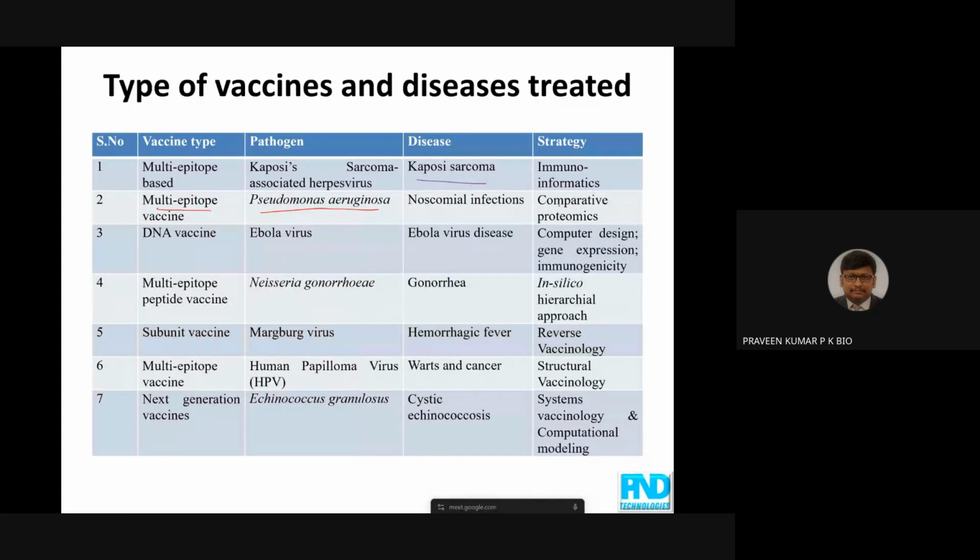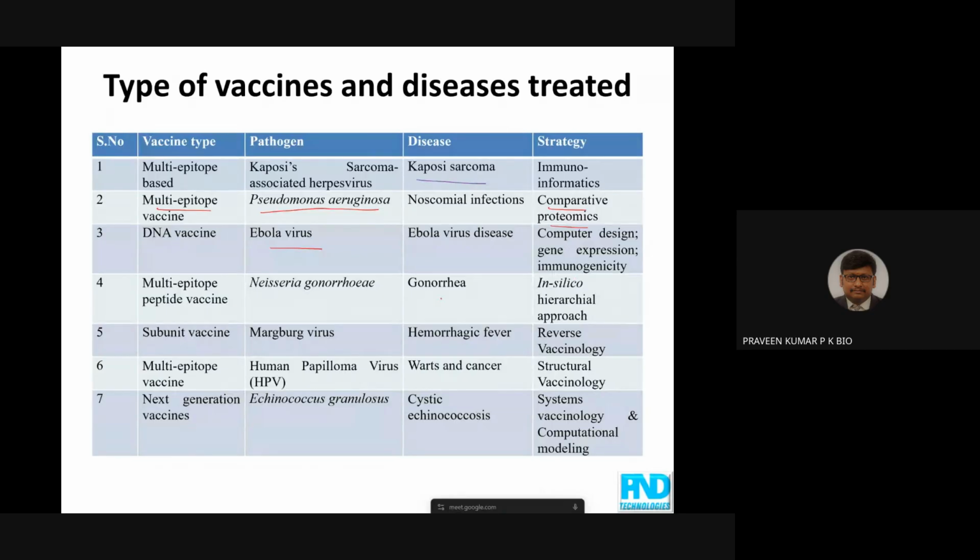This is done through a comparative proteomic strategy, that is, comparing the proteome of Pseudomonas aeruginosa with the proteomes of other Pseudomonas strains. And then a DNA vaccine for Ebola virus, where the strategy used is gene expression and immunogenicity.